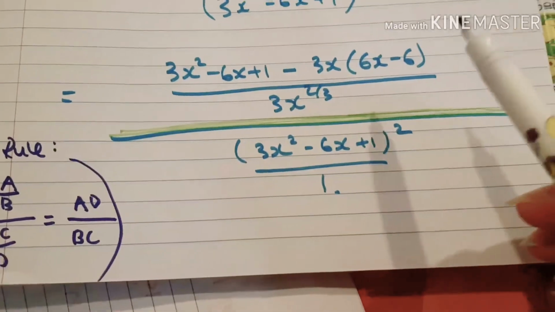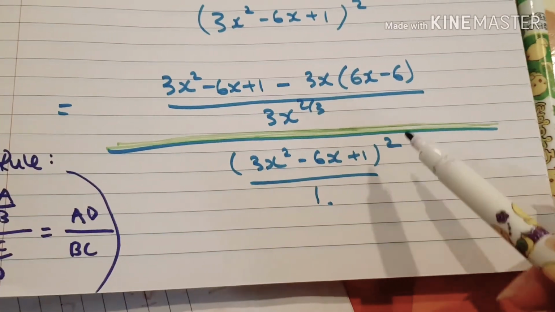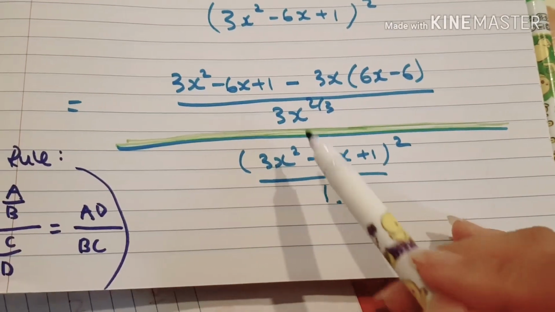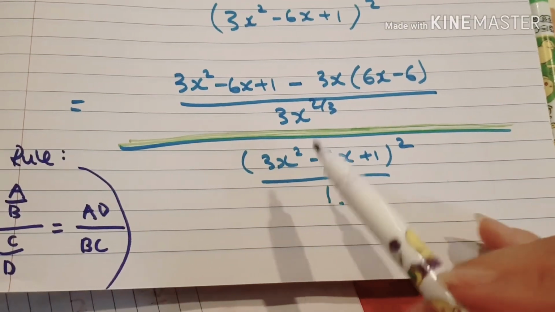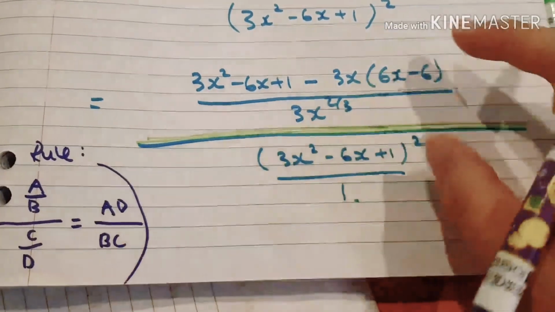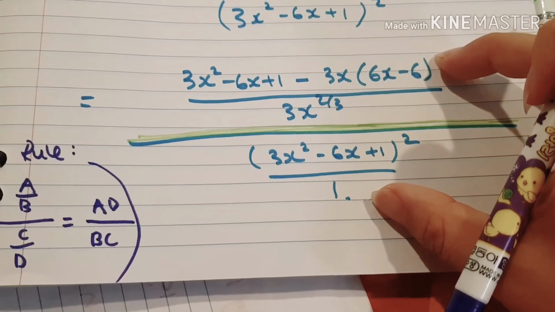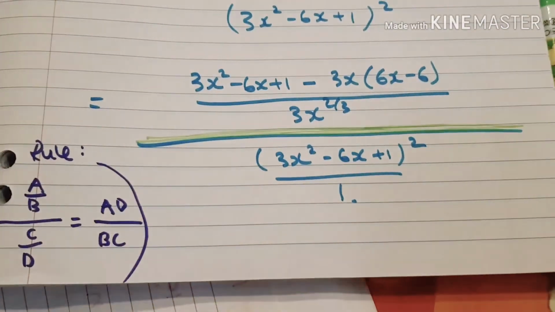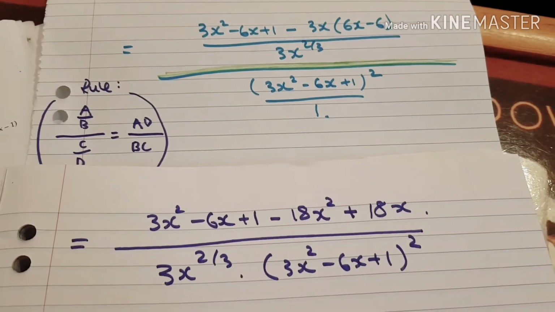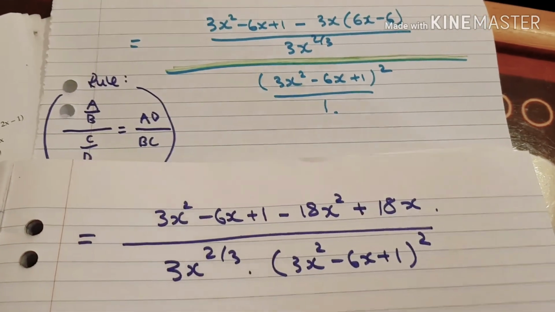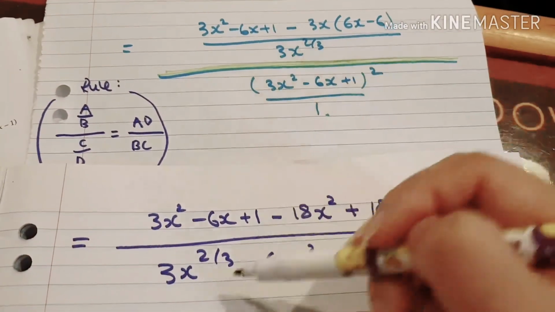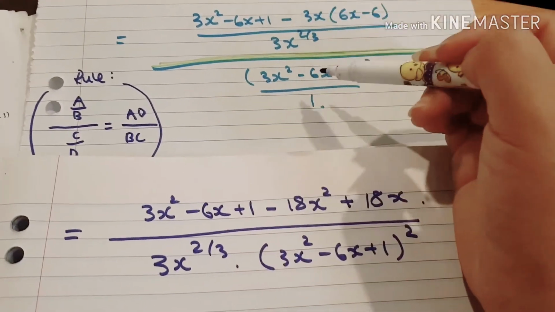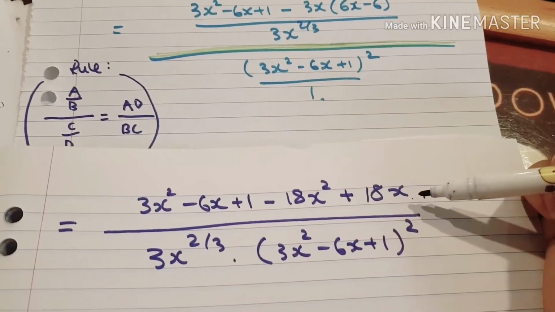Okay, so this is again fraction over fraction. So these two multiplied go at the bottom, and the top one will be multiplied, simplified, and go at the top.